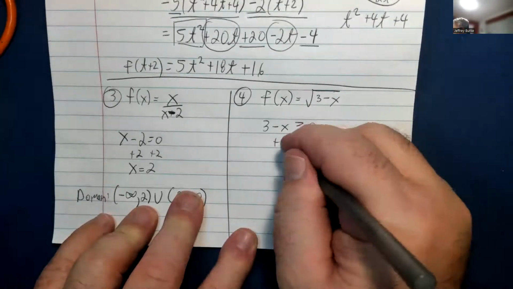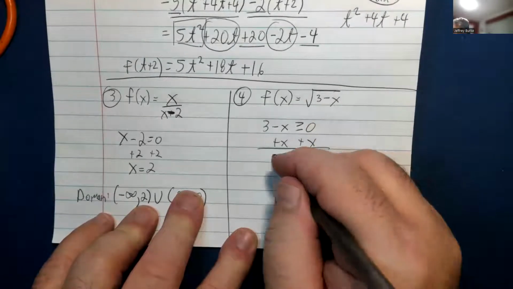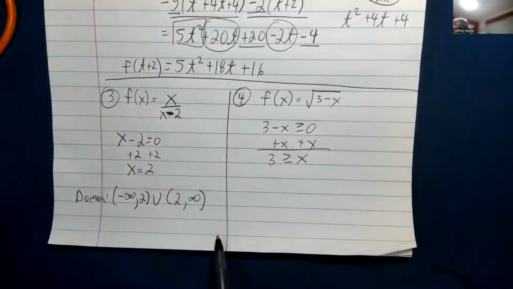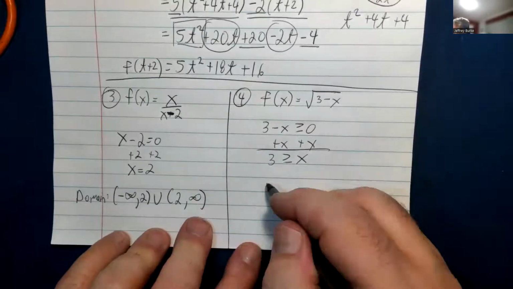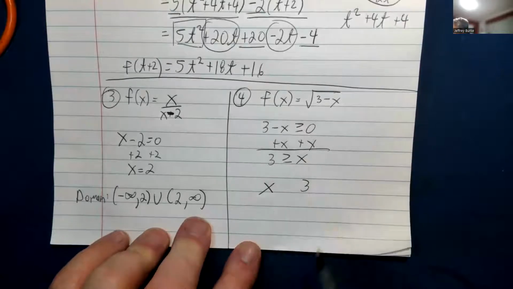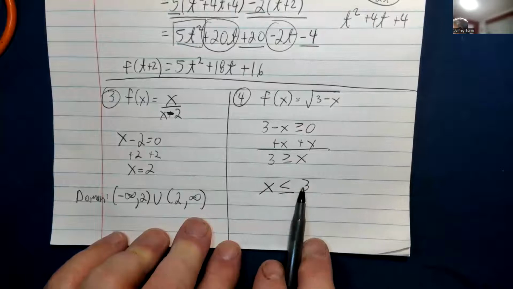And if I do that, I'm just going to add x to both sides. Now, I'll be careful of this one. If I do this, I have 3 is greater than or equal to x. If I flip this around, watch what I'm going to do. I'm going to switch this and make this x. I'm going to put the 3 over here and see how this is pointing at the x. This needs to remain pointing at the x. So I'm going to say x has to be less than or equal to 3 in order for this to work properly.